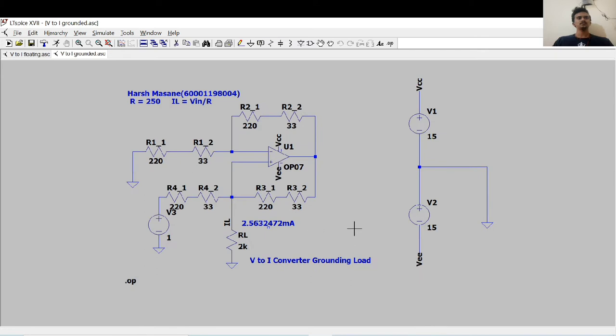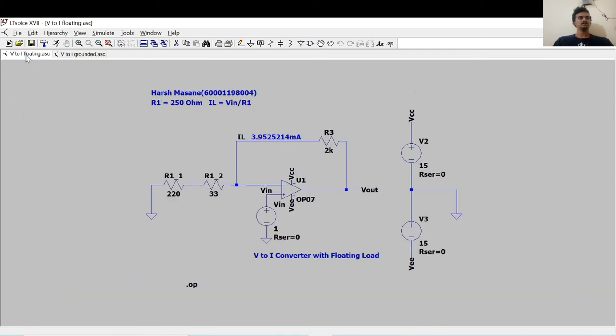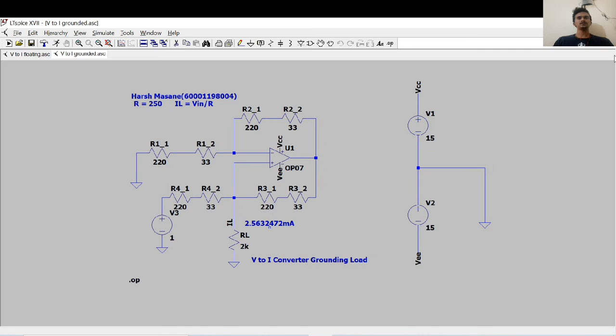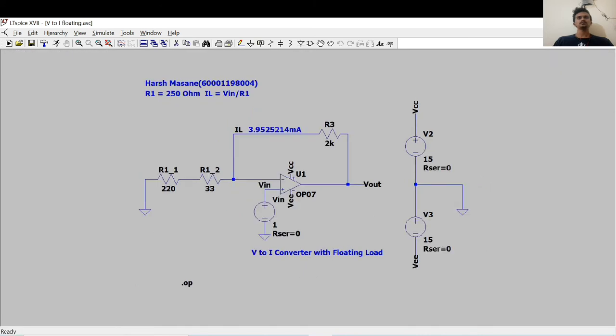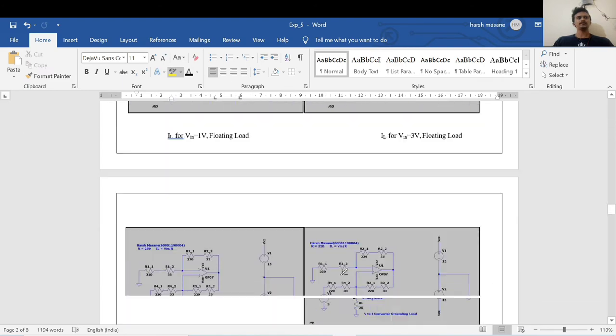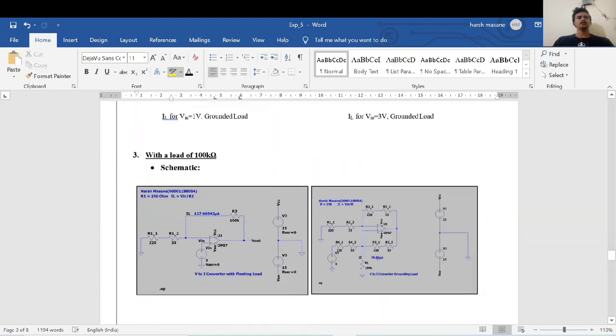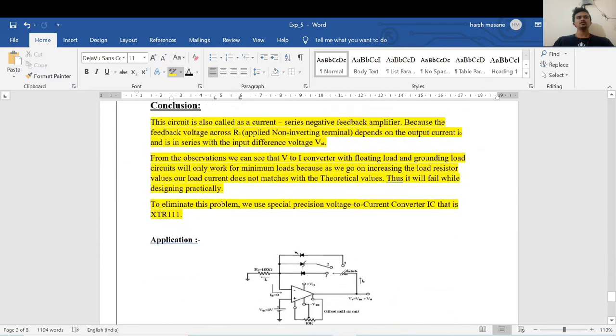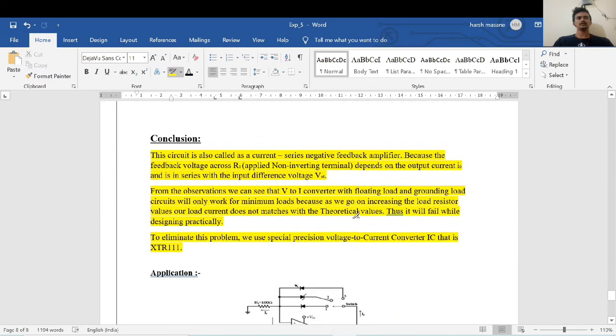So let's see the drawback of this circuit. It has a drawback that it is used for minimum loads only, because the feedback resistor R1 depends on the output current IO and the input difference voltage VID.